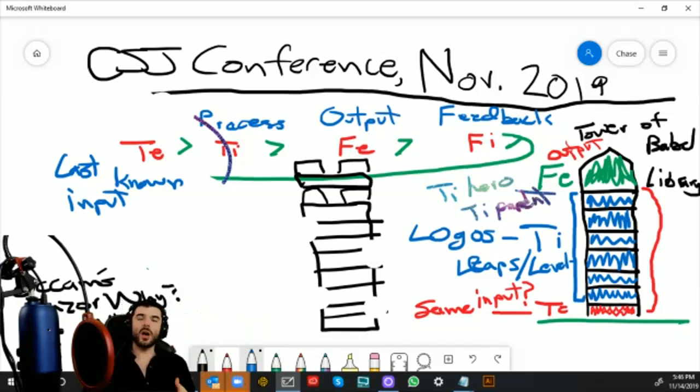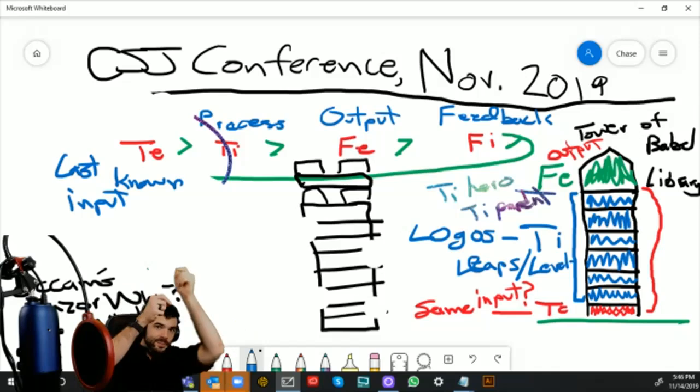TI as a knowledge tower within someone's soul becomes a game of Jenga because they're taking previous pieces from earlier, lower down in the tower, like we have on the very far side of the whiteboard here. We have our Tower of Babel library example. They're taking earlier pieces and putting them on the top.